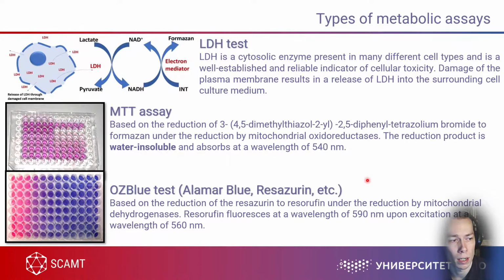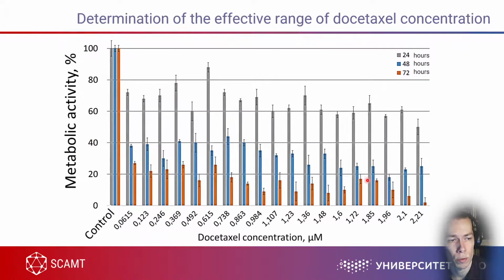But I will show you, in basically the last part of the presentation, why the MTT assay is not so good, because it can be misleading, and it can lead you in a completely opposite direction. In the previous lecture I mentioned a drug called Docetaxel, an anti-cancer drug.